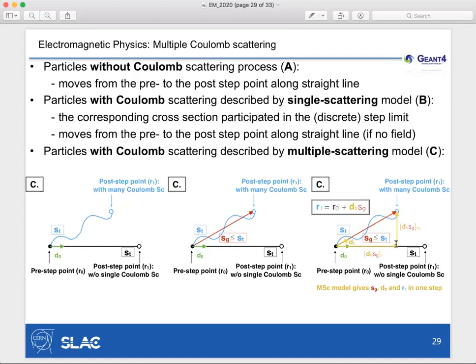Then it will give us a vector in the perpendicular plane along which we need to displace the particle to get to the final position. It also tells us the final direction, the net effect of the angular deflection at the final position.